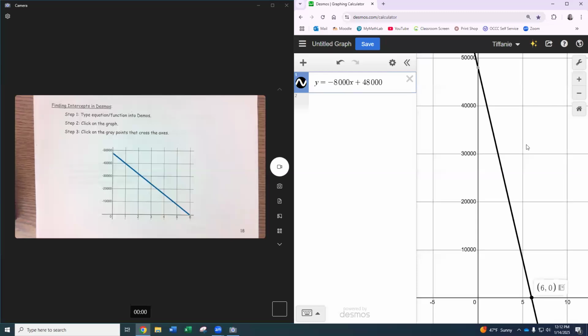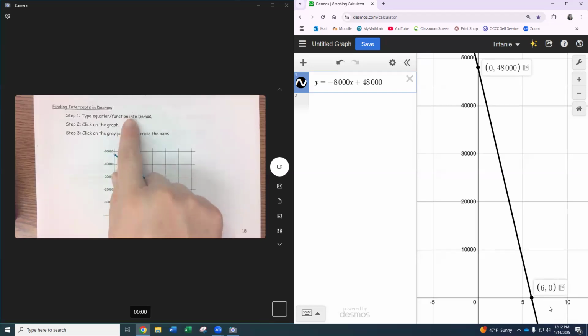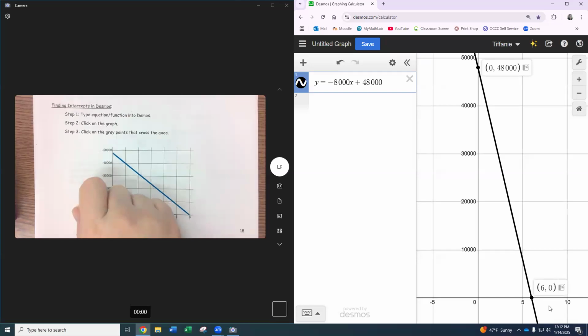So here's one at 6, 0, and here's your other one right there at 0, 48,000. So those are our x and y intercepts. To be able to find this, type in the equation, make sure you can see where it's crossing the x and the y. Click anywhere on that graph, and then you'll see those gray points. We're looking for points crossing at the x-axis and points crossing at the y-axis.